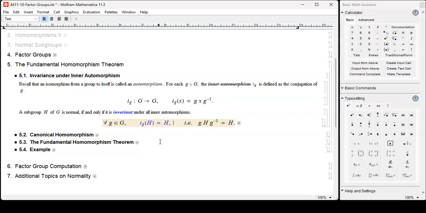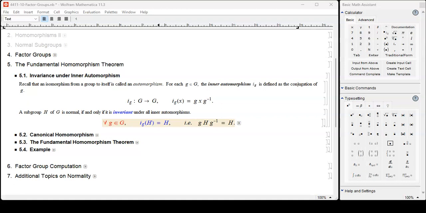Each element of H may move around, but within H. It's shuffled within H, and then the set itself stays the same. And that applies for all elements g of capital G. Then we say the subgroup H is invariant.